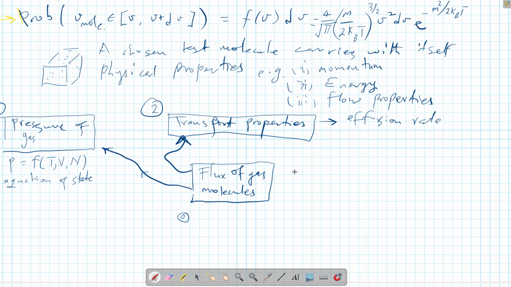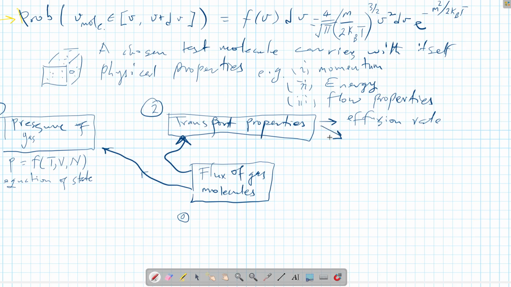What does effusion mean? It means, for example, if I have a really small hole on one side of the container, one can compute the rate at which the gas molecules can come out of this container. It has applications. You can do it for separation of gases, as we're going to see later.